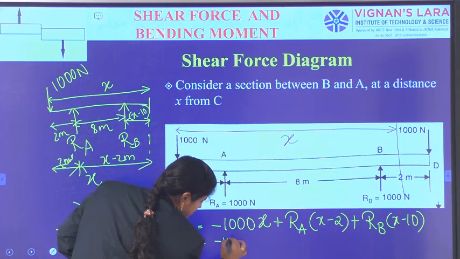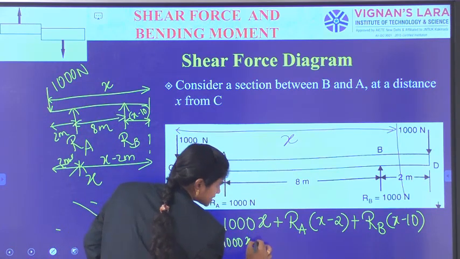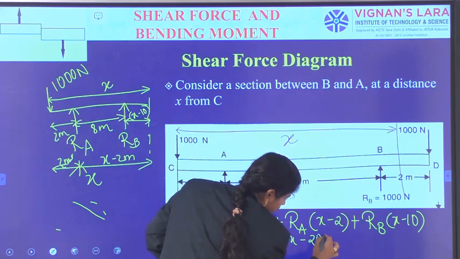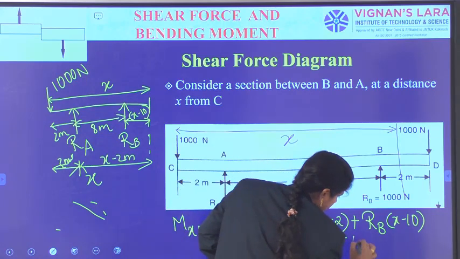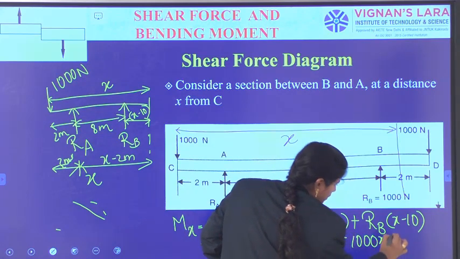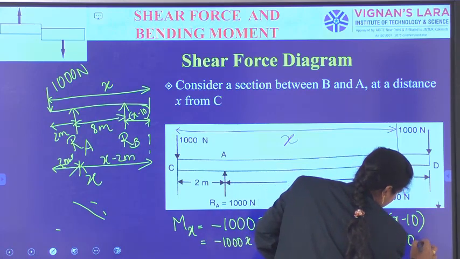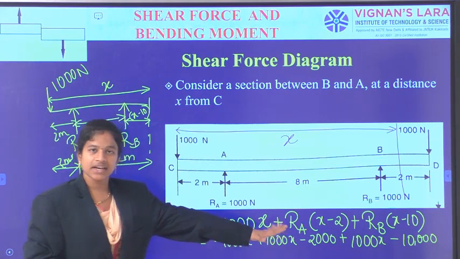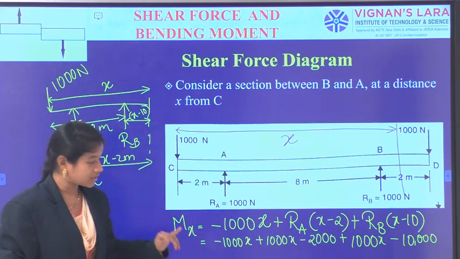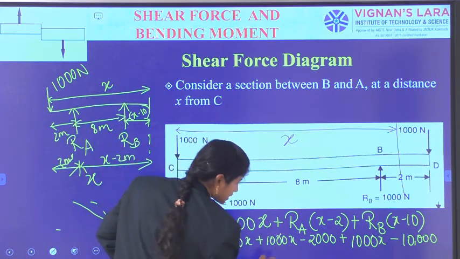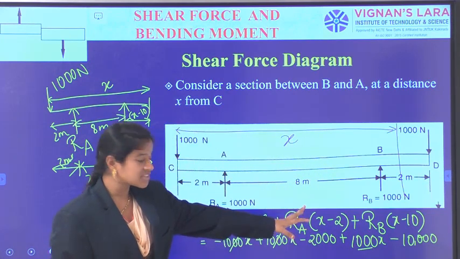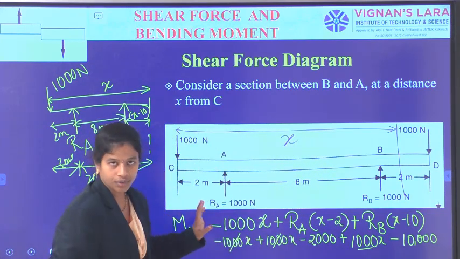Mx is equal to minus 1000x plus 1000x minus 2000 plus 1000x minus 10,000. Okay, so this is the final calculation we have got. Now minus 1000x plus 1000x, and as usual plus 1000x and minus 12,000 we have got. Okay.